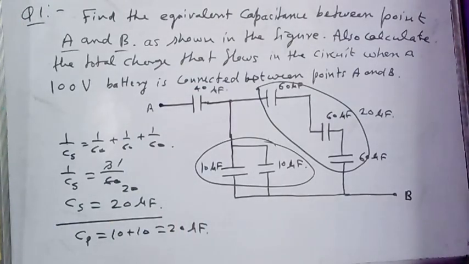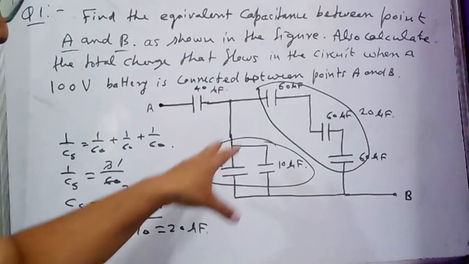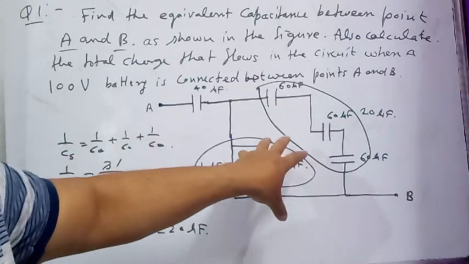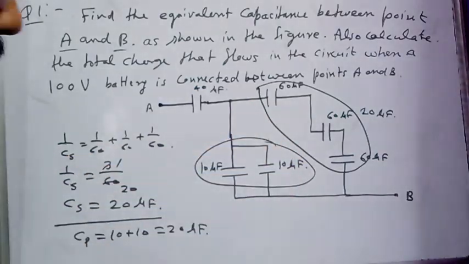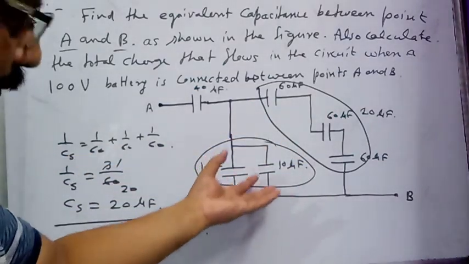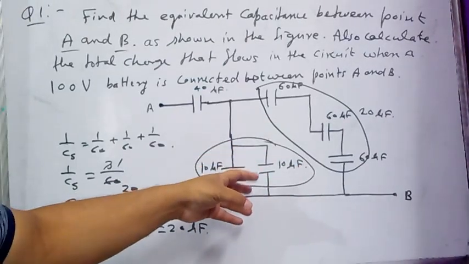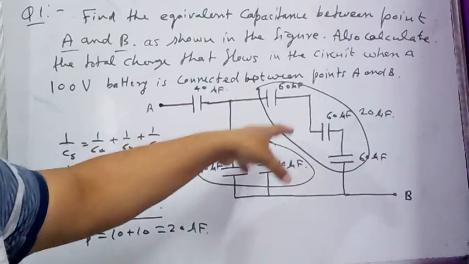So students, when you initially start solving this network of the capacitors, it is a good practice if you redraw the network after each solution. Afterwards, when the practice is perfect, then you can solve the network without any redrawing.